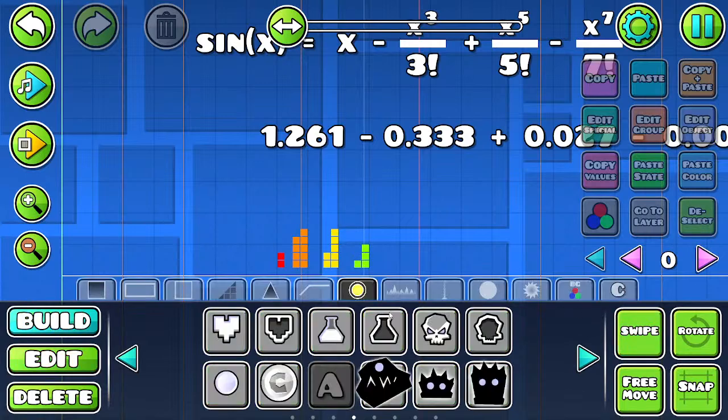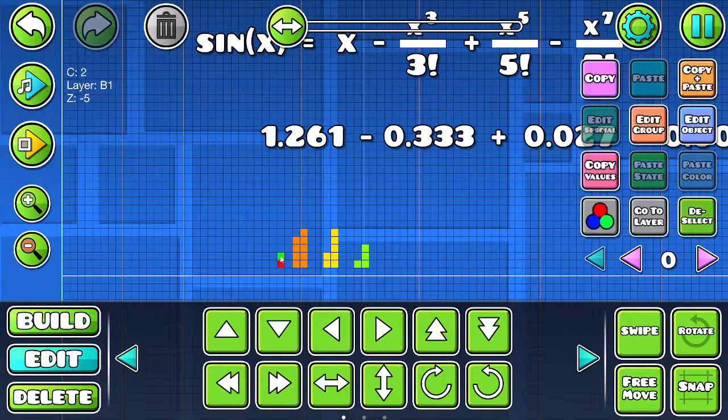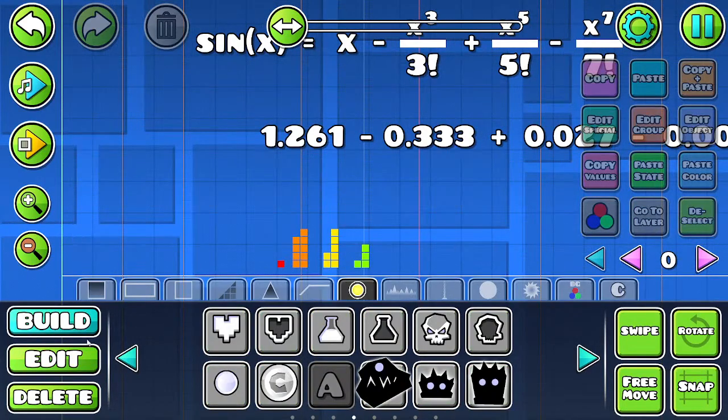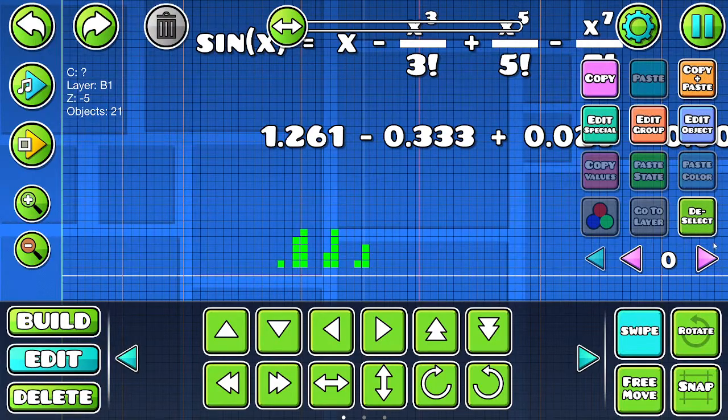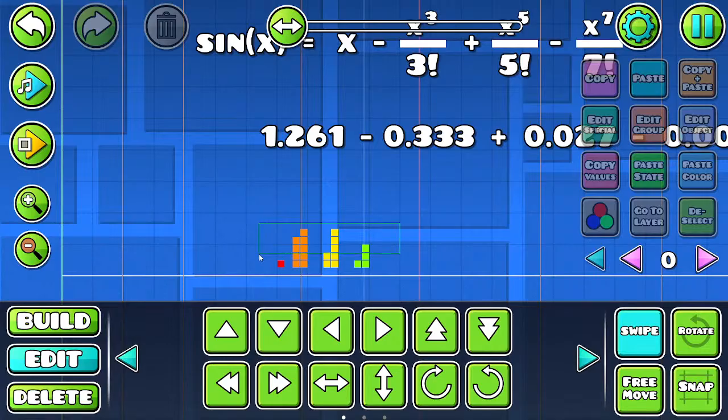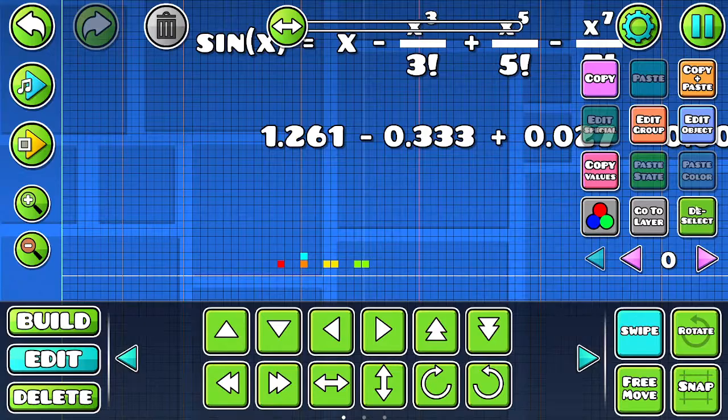My final answer. I forgot to delete something. My final answer. Wait, is it 1? I think I messed up. Hold on. Okay, guys, I messed up. I'm gonna restart because the value is greater than 1, which is not possible.